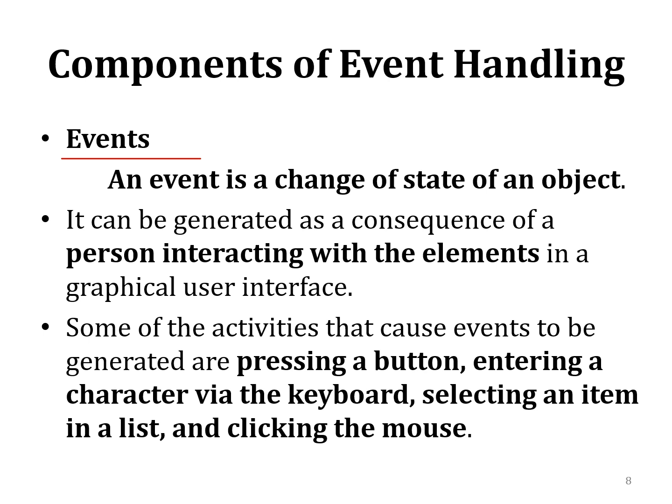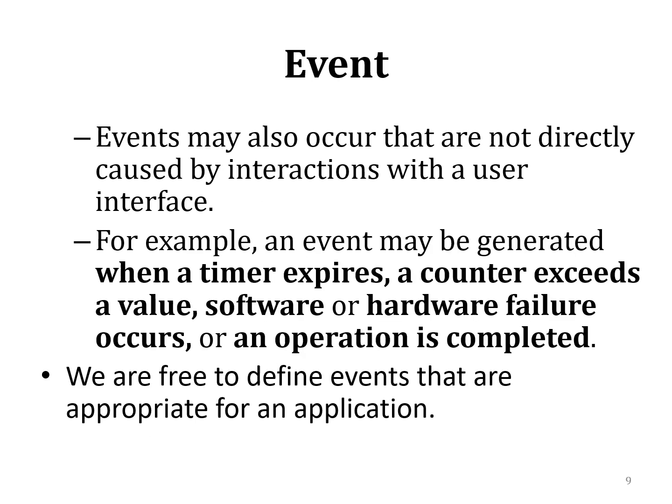So some of the events happen through these particular components. You can see that through pressing the button, entering some characters through the keyboard, selecting any item from the list, and clicking the mouse.